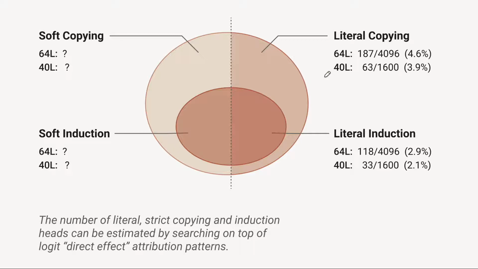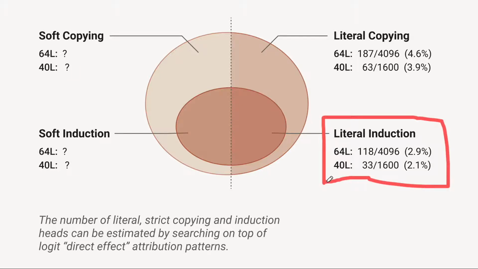And then, of course, there are lots of cases where a token is extremely similar, for instance Dursley versus Dursleys, just very slight variations. And then literal induction is the same thing, but not only does it need to be the same token, the previous token also needs to be the same. So these are very strict rules for detecting them.